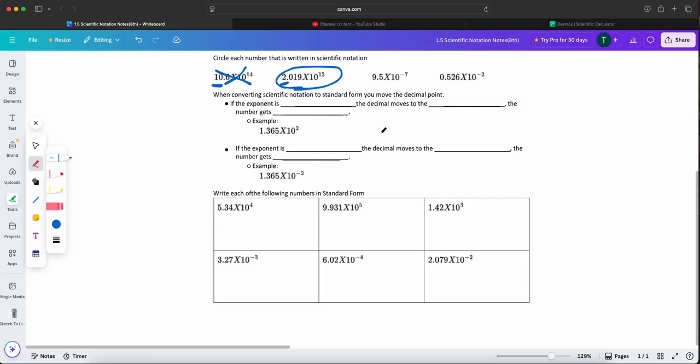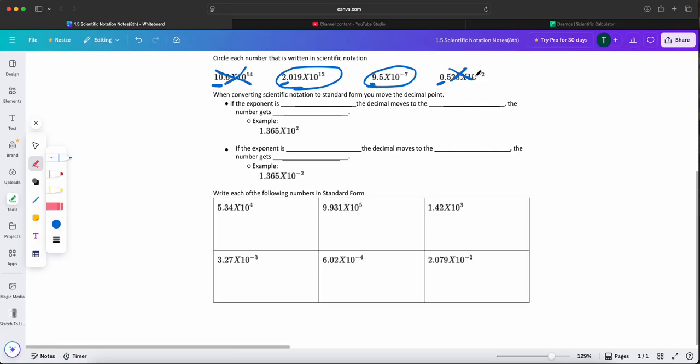The next one, our number in front is 9, which is between 1 and 9, and then it does have times 10 to some integer power, so this one is in scientific notation. The fourth one has a number that is 0. That's not between 1 and 9, so that one does not work. So it's only those middle two.